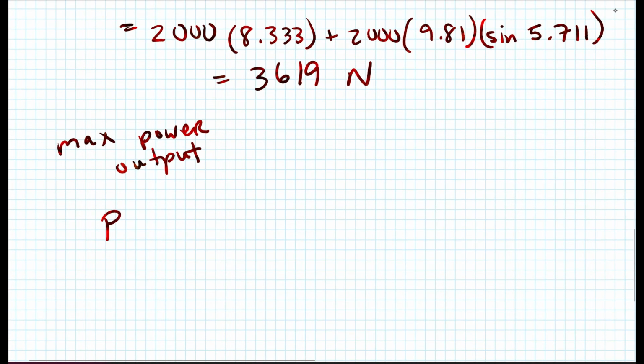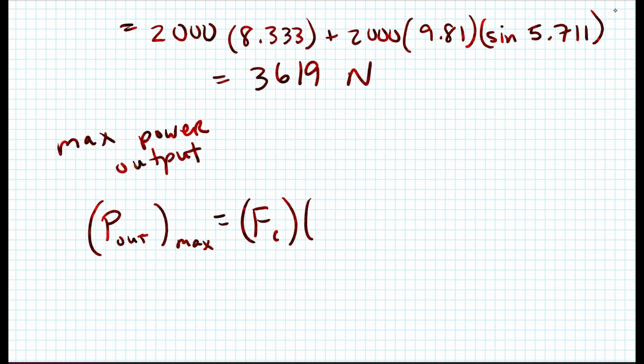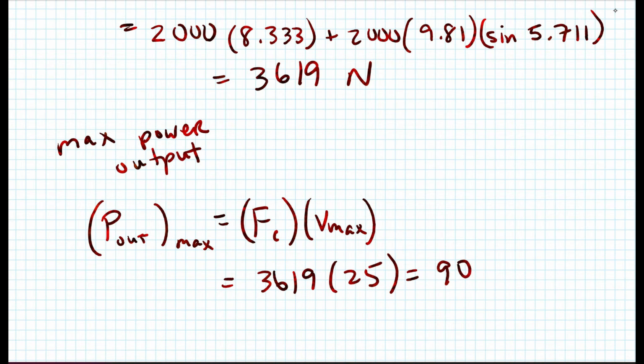So we'll say P sub out max is equal to F sub C times V sub max. This is going to be 3,619 times 25, and that gets us 90.47 kilowatts.